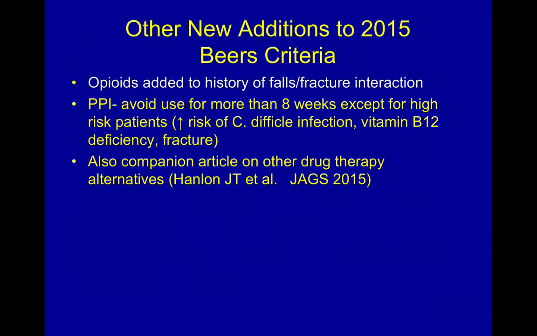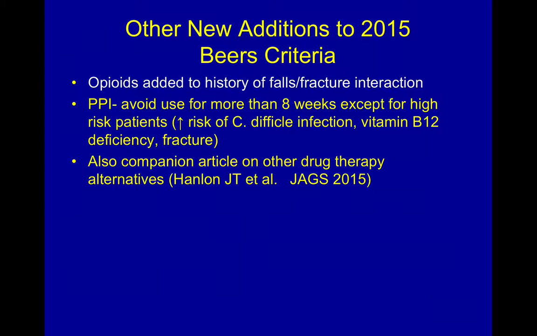Other new additions to the 2015 Beers criteria is trying to minimize and avoid opioids where possible, especially if there's a history of falls and fractures. And we'll mention this a little bit when we do our pain talk. Obviously, I talked about using PPIs. This is where you're trying to do a balance. We try to avoid PPIs as much as possible, but we may use them sometimes in combination if somebody has to be on an NSAID to decrease risk for GI bleeds.